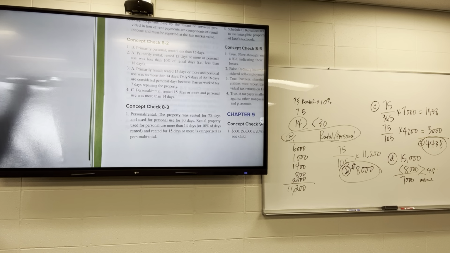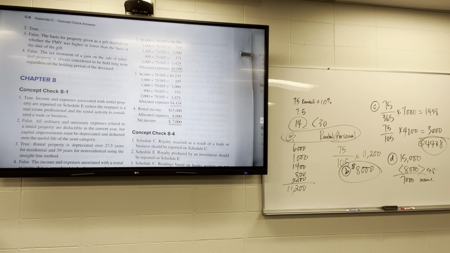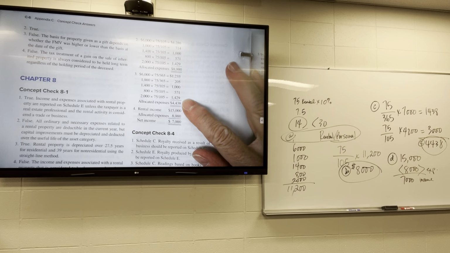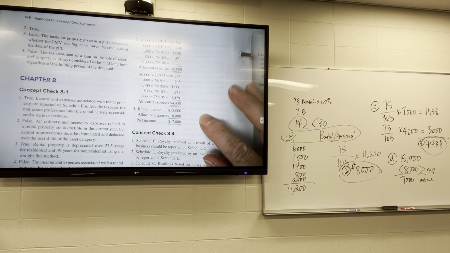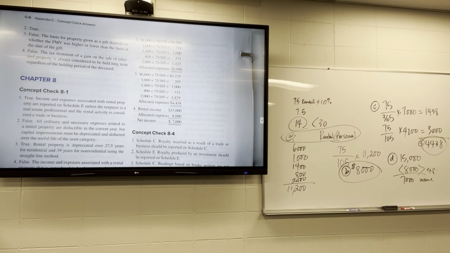Personal, okay, fine. So number 2, we had 8,000, so we did that right, allocated expenses. Number 3, we had 4,438. And then our rental income of $7,000.